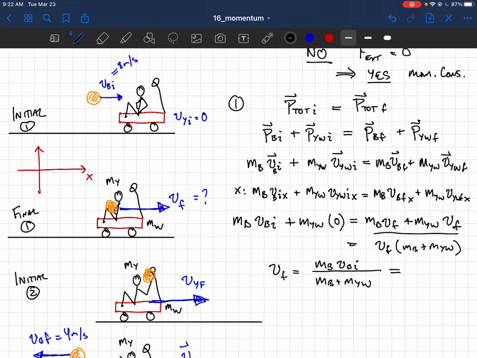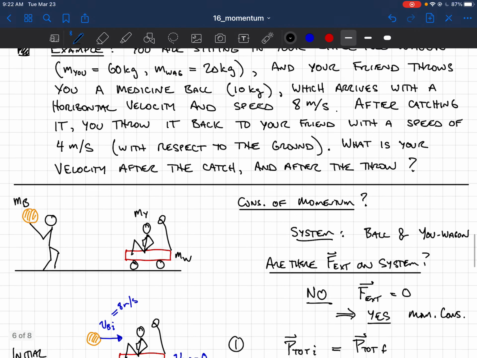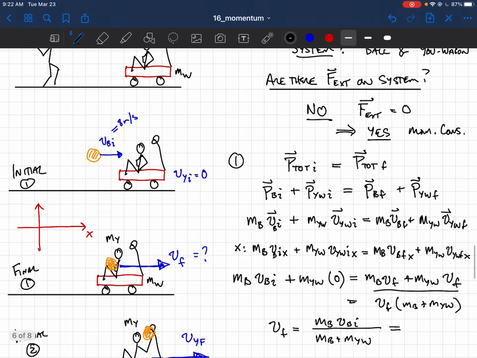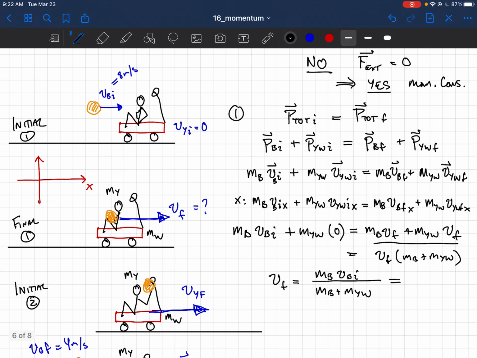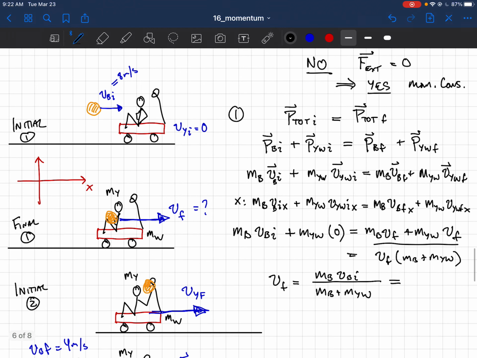So m ball was 10 kilograms. So we have 10 kilograms times the initial speed of the ball, which was 8 meters per second. And then we divide by the total mass of the ball, you, and the wagon. So that's 10 plus 60 plus 20.